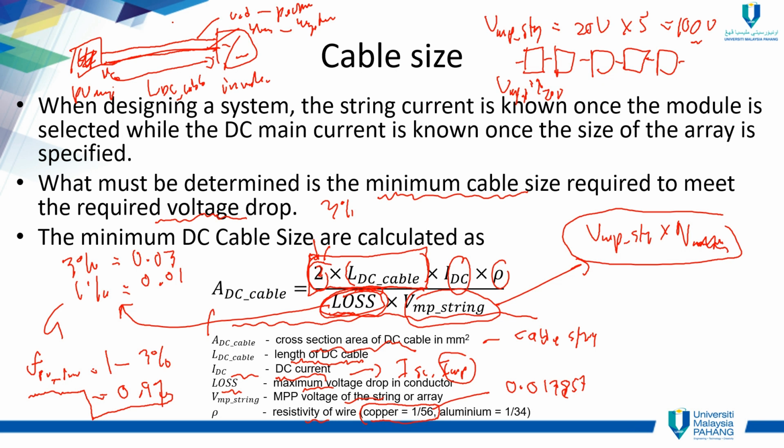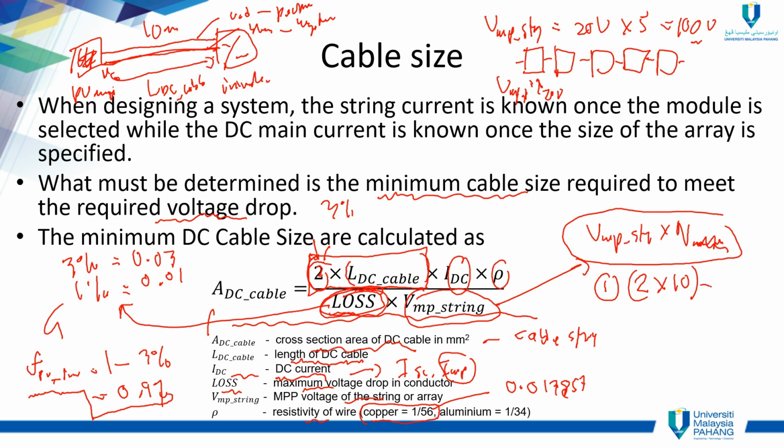Why is this important? Because the question can be twisted with different wordings. For example, one question about the length of the cable, they play with tricks. The distance between the PV array and inverter is 10 meters. Means that finally you are going to use 2 multiplied with 10.